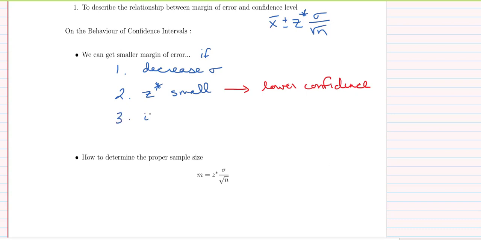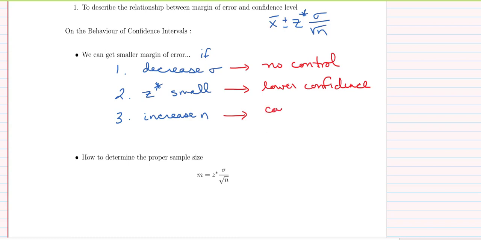Three, the next thing we could do is increase n. First let's talk about decreasing sigma. Why is that a bad idea? Well, we have no control over it, so we can't do that. And decreasing z star is also a bad idea. So increasing n. Is this something that we can do?